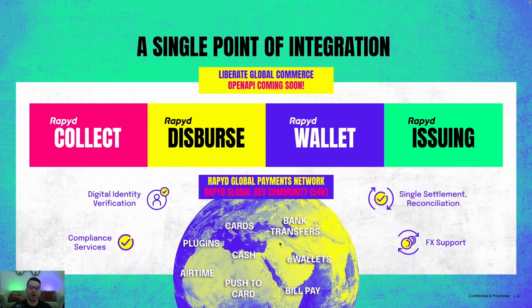We also have our payment categories here: cards, bank transfers, cash, e-wallets, airtime, even push to card, and different features that you can find in the Rapyd documentation. We'll look at that in a little bit, but we have all of our different services.